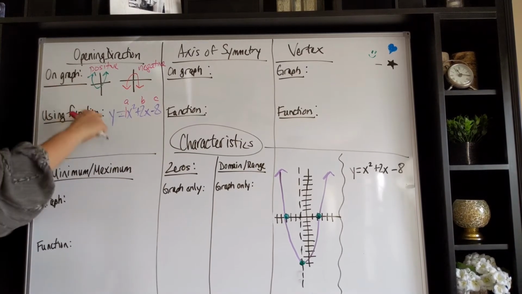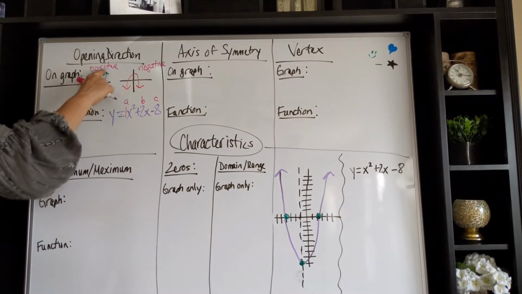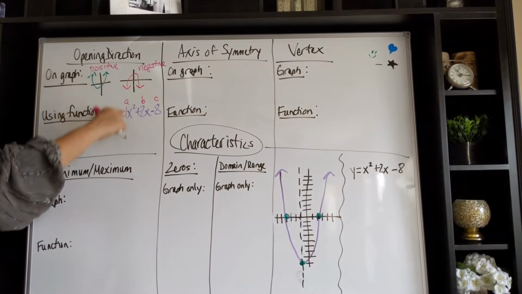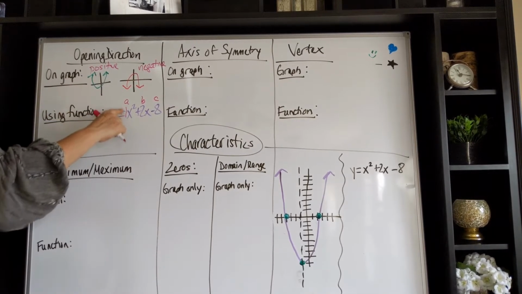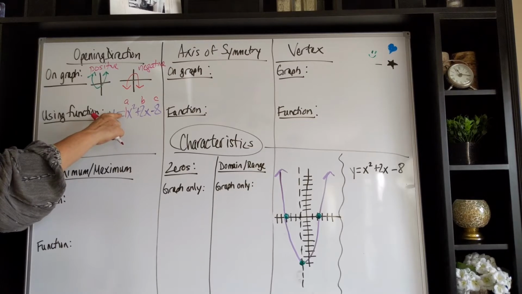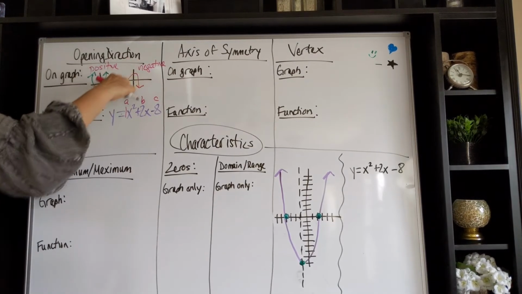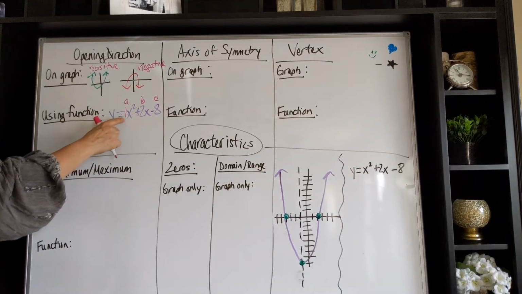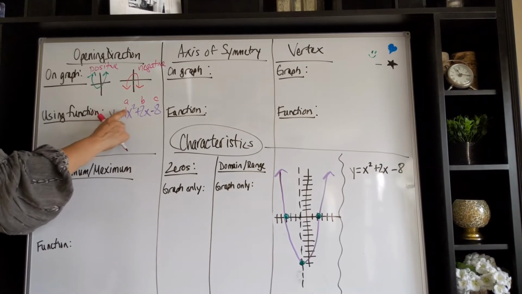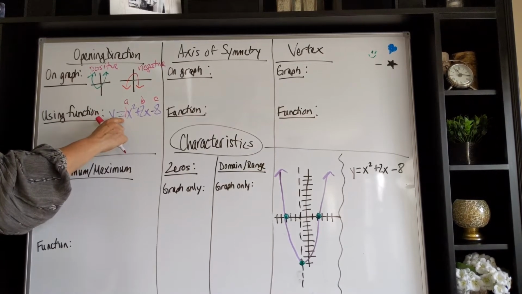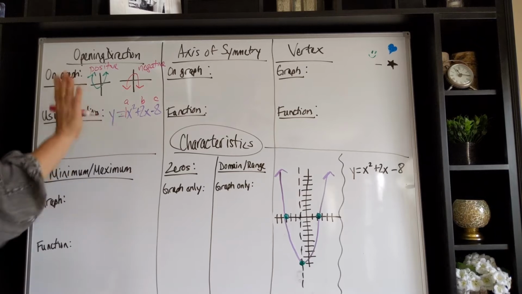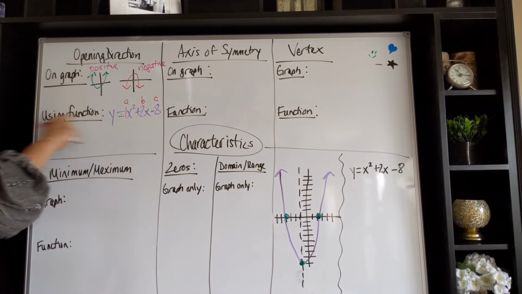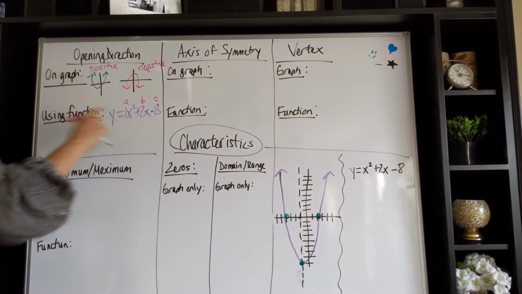So if a parabola is positive, opening upwards, it means that the A value right here is also positive. If it's opening down like this, it actually indicates to me that this A value here is not a positive coefficient or a positive number out in front, but it would be a negative number out in front. So, if I'm using a function, if I'm just looking at this, I'm going to put a note down here.